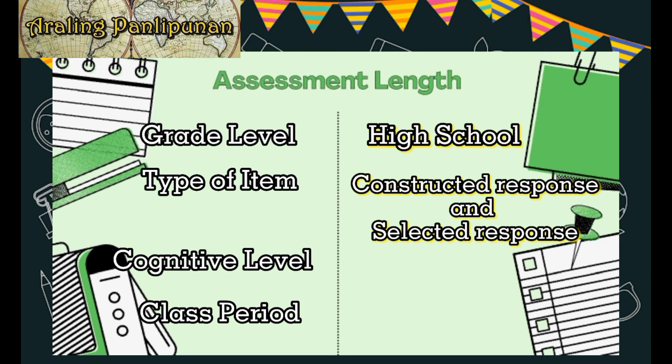It takes lower or less sophisticated thinking because the exam is only a simple test of knowledge, and the high schoolers can answer 2 to 4 objective items per minute. So for difficult items, 1 item per minute is typical for a class period of extended time.